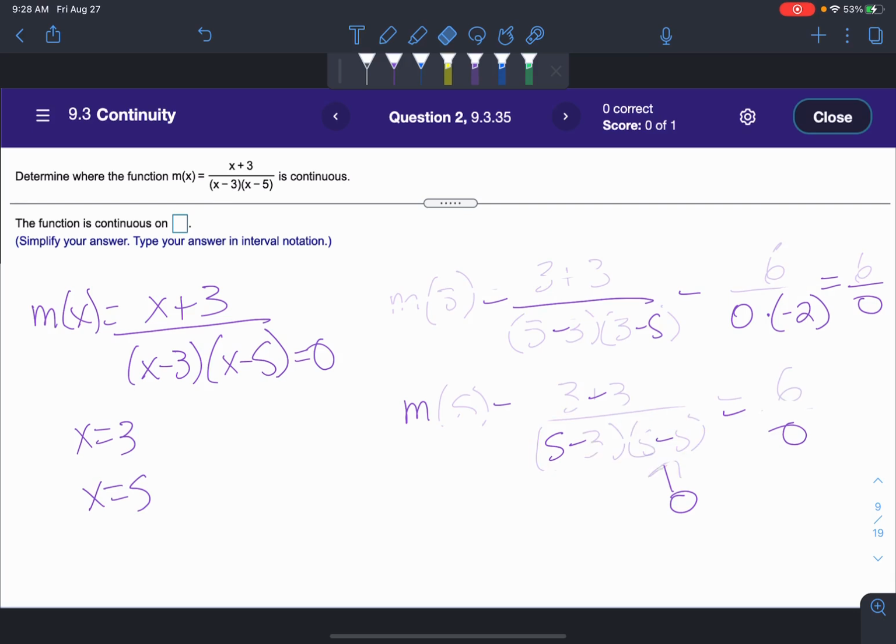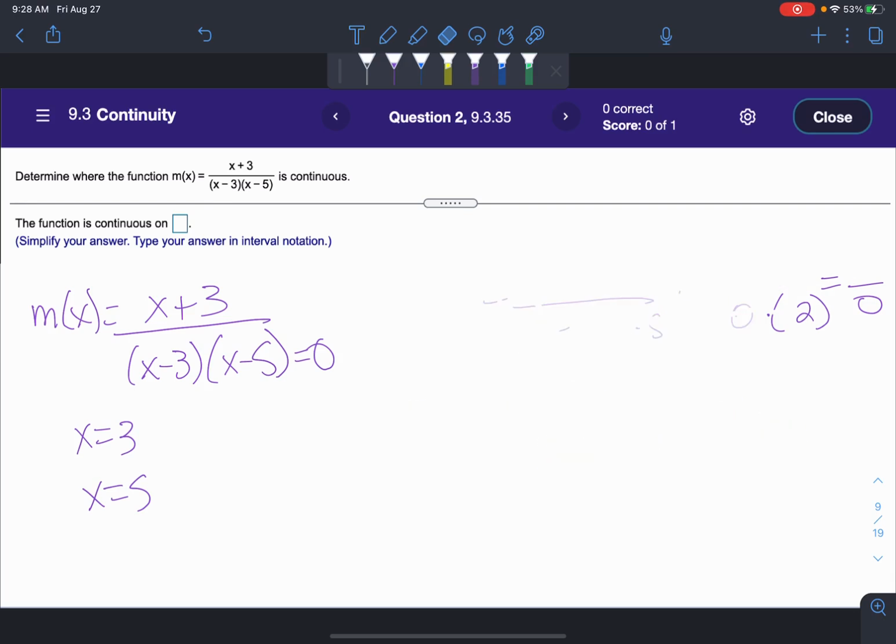Okay, so if you're a graphical learner, we can graph this as well and see that this is the case.